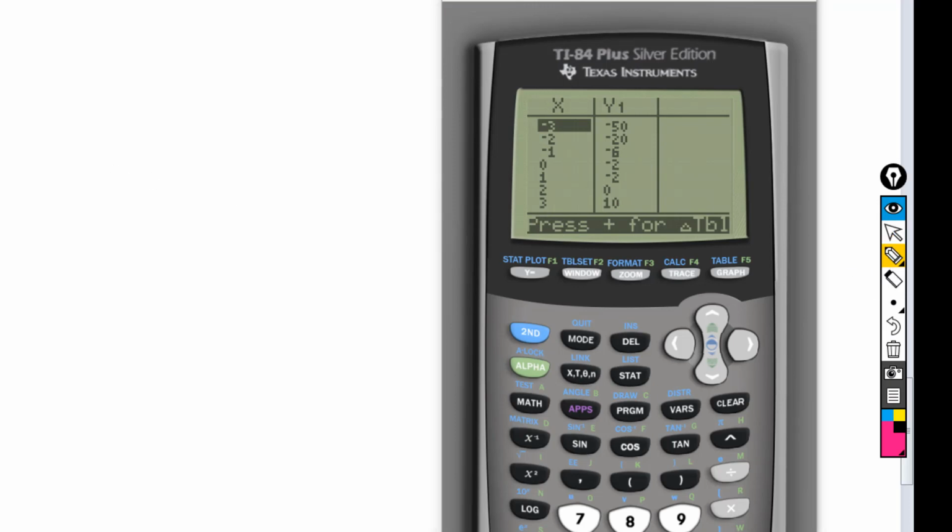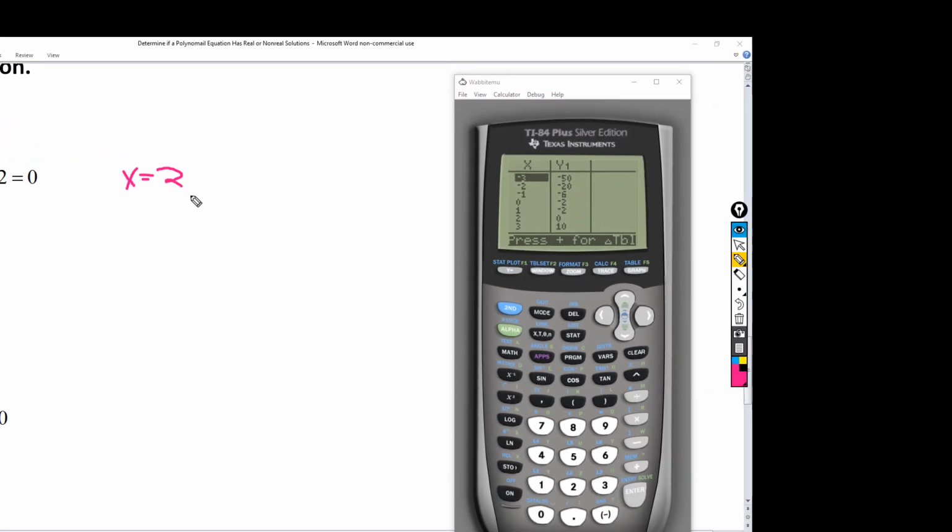Now this is third degree, so you would expect it to have at most, that's what the theory tells you for polynomials, 3 zeros. 3 distinct zeros. They could be repeated, as I mentioned earlier, but in this case we only have x equal 2.